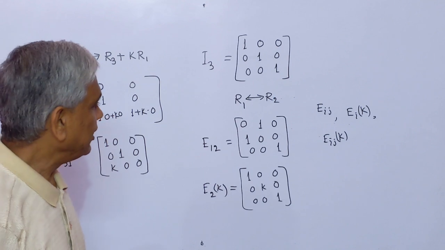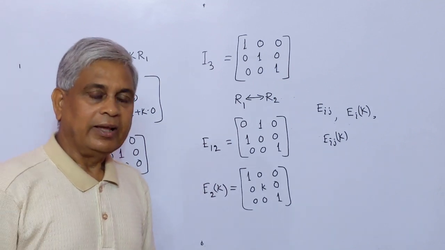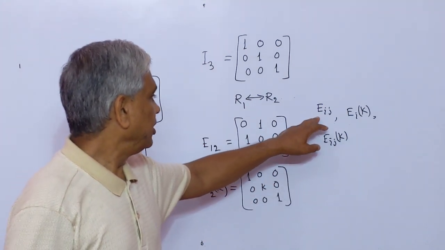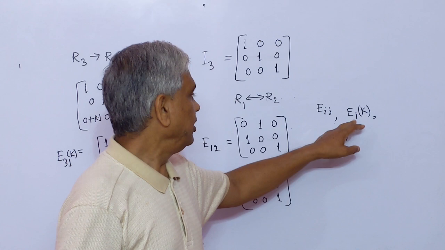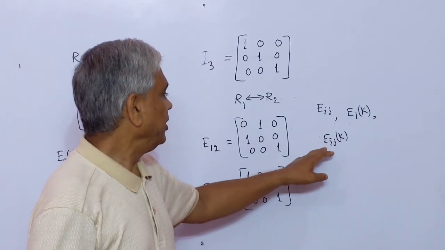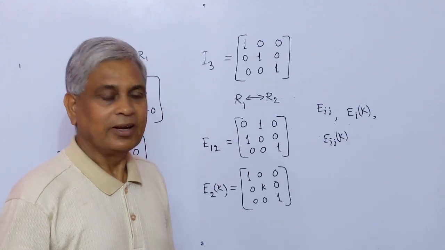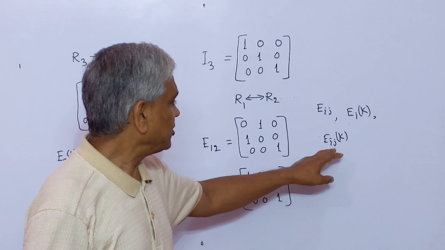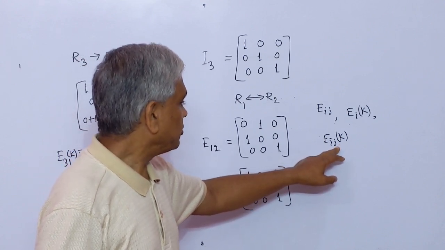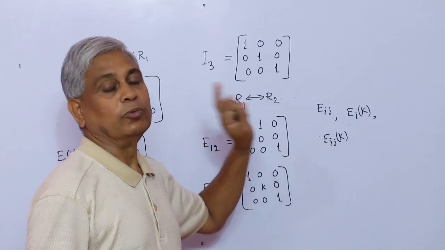Similarly, we may get elementary column transformation. In elementary column transformation, Eij remains the same, Ei(k) remains the same, but Eij(k) becomes different. In this case, we add the elements of the jth column with k multiply the elements of the ith column.